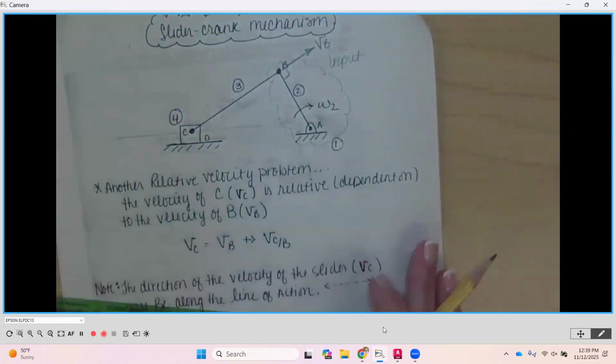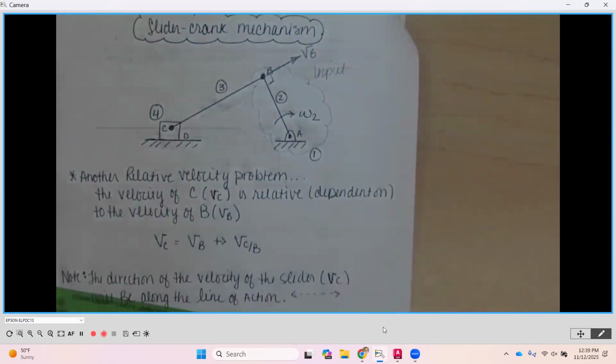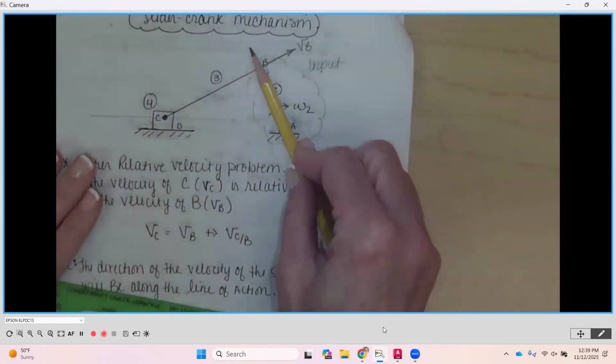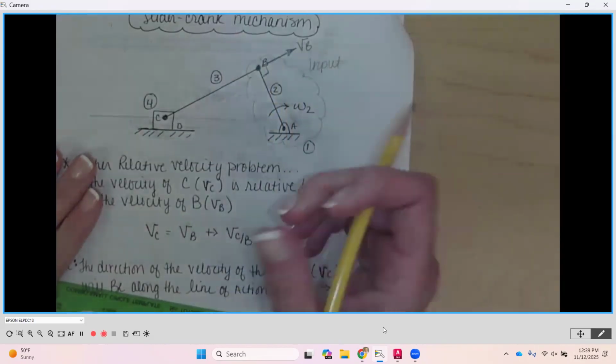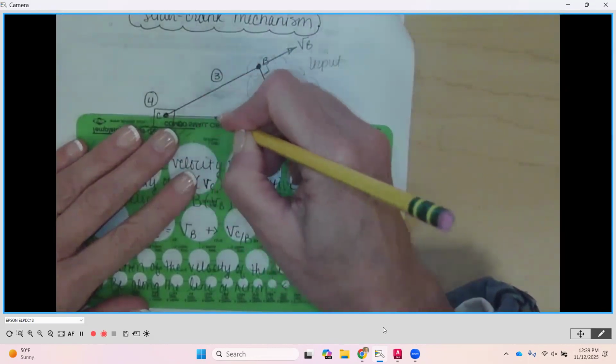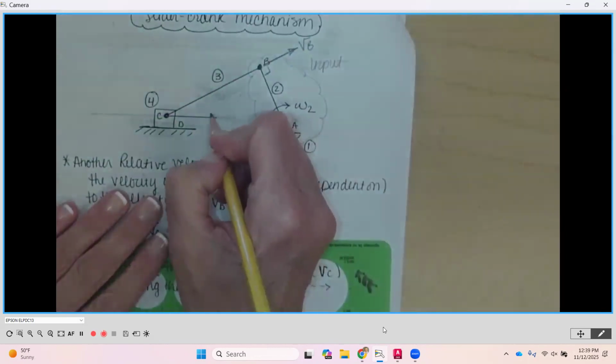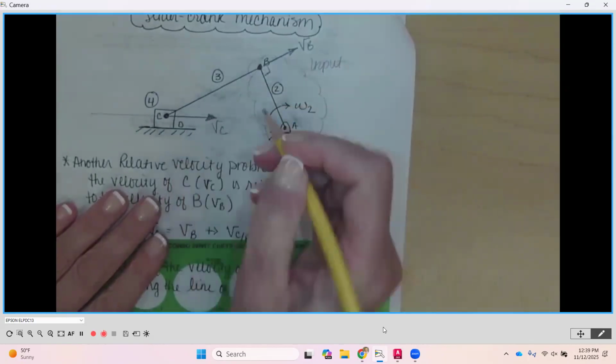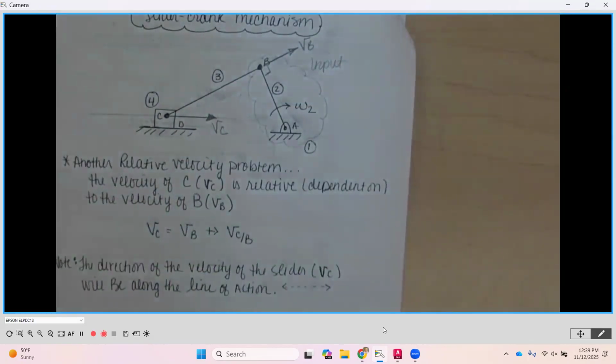It's constrained to only horizontal straight line motion. So as I rotate clockwise from this position, do you see how the velocity of C is going to be horizontal and to the right? It's going to pull to the right. Does that make sense?